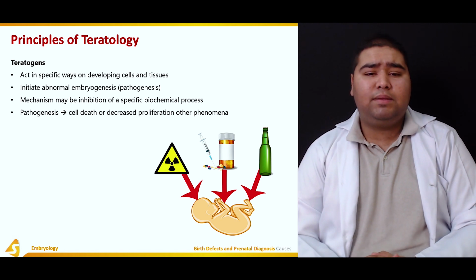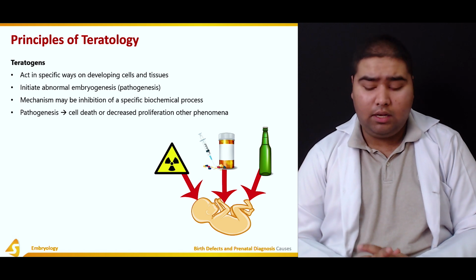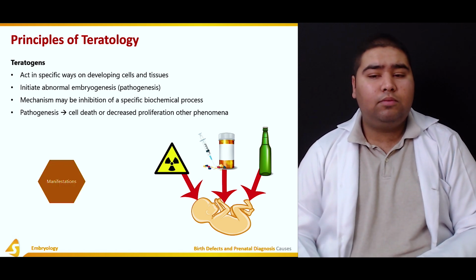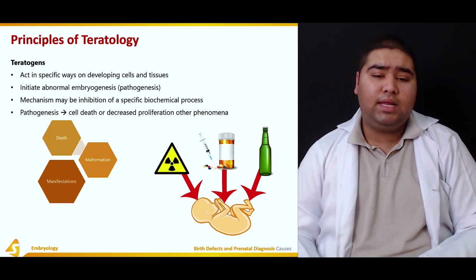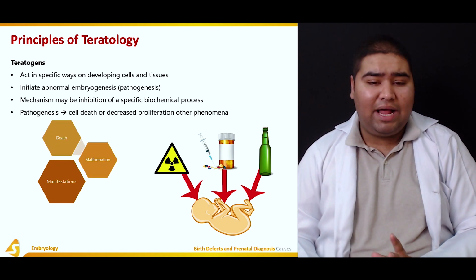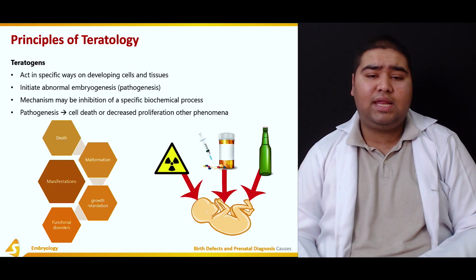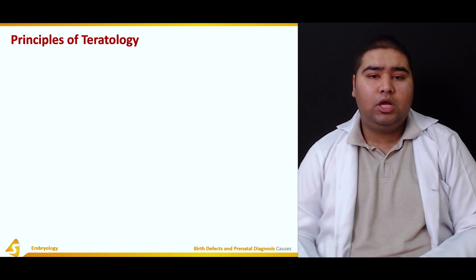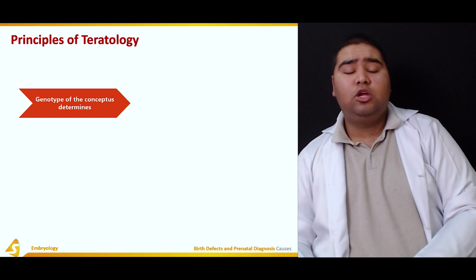It does that mainly by inhibiting a specific biochemical process. As a result, the fetus cannot develop normally, which may lead to malformations, growth retardation, functional disorders, and even death.